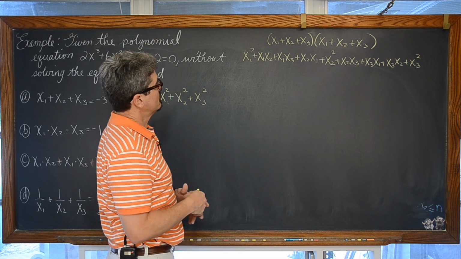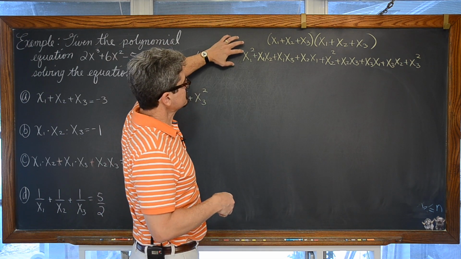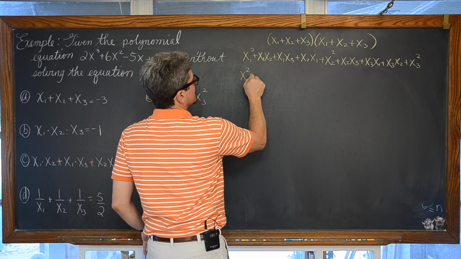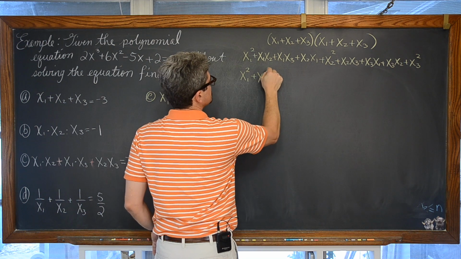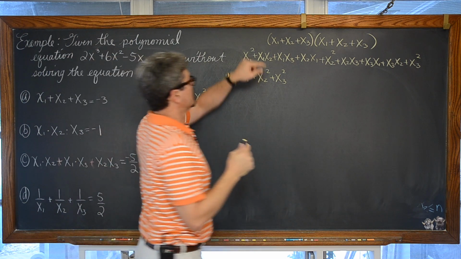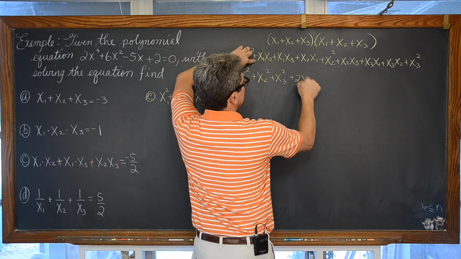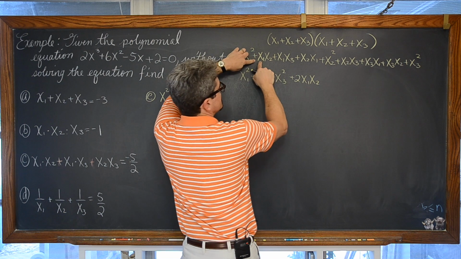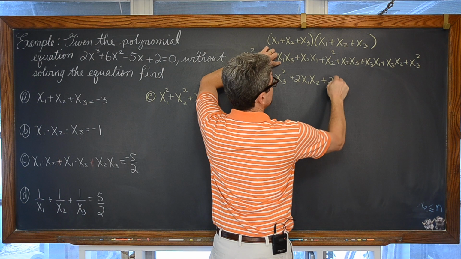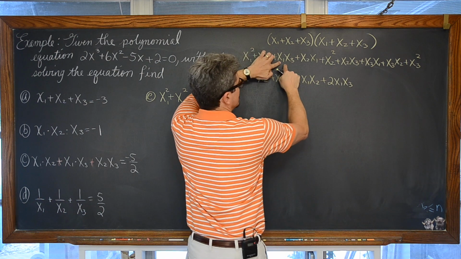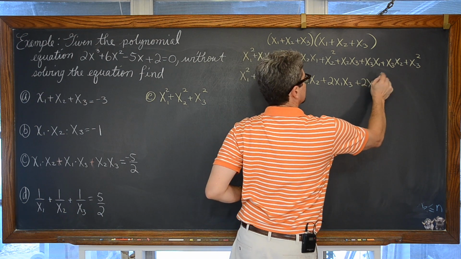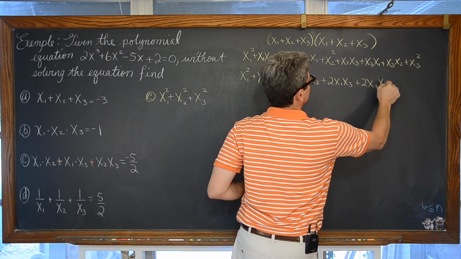Okay, so we've got the fact that if we have x sub 1 squared plus x sub 2 squared plus x sub 3 squared, which is what we already have, and now plus 2 x sub 1 x sub 2, because there's an x sub 1 x sub 2 here, and another one right here, plus 2 times x sub 1 x sub 3, because we have that term here and here, and then finally plus 2 x sub 2 x sub 3.